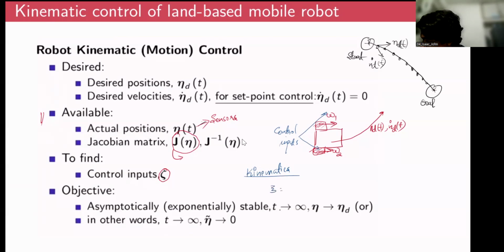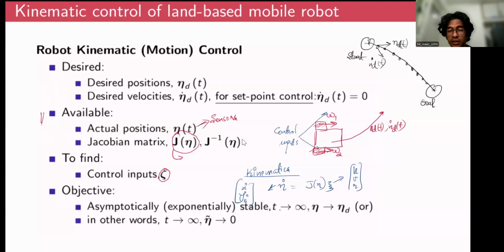So eta dot is J of eta multiplied by theta, where theta was the velocity coordinates of the body fixed frame of reference, which were denoted as u, v, r, and eta dot is x dot, y dot, and psi dot, which are the velocity coordinates in the inertial frame of reference. So for any given eta desired dot, you have to find out this theta, which is the control input.